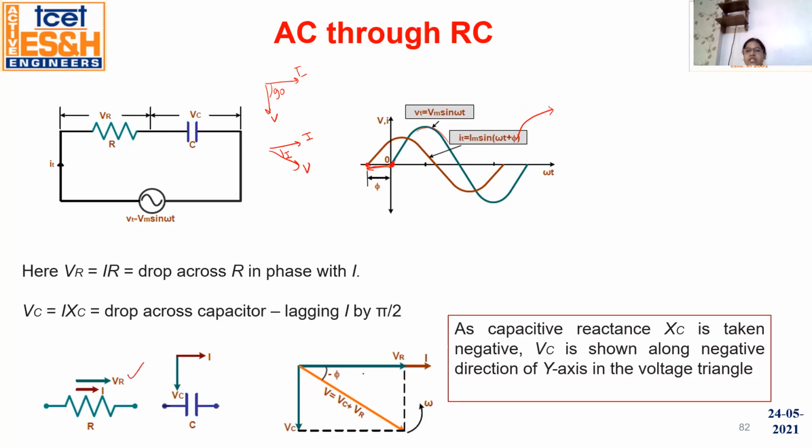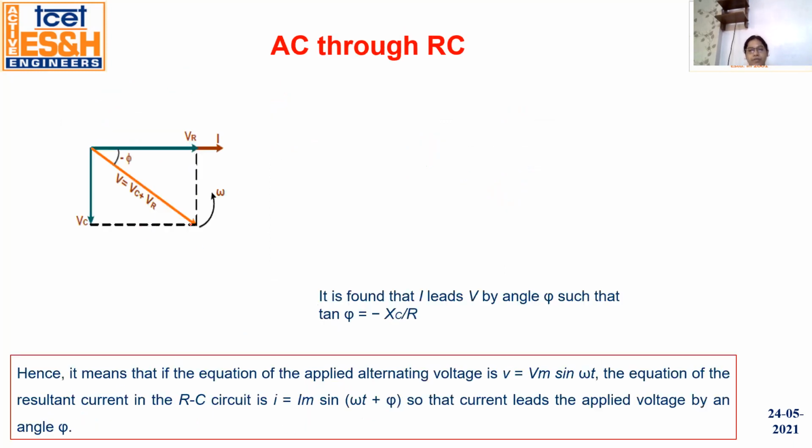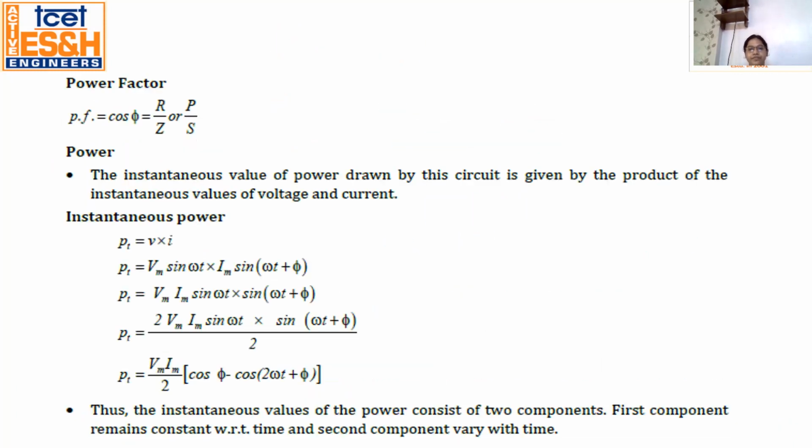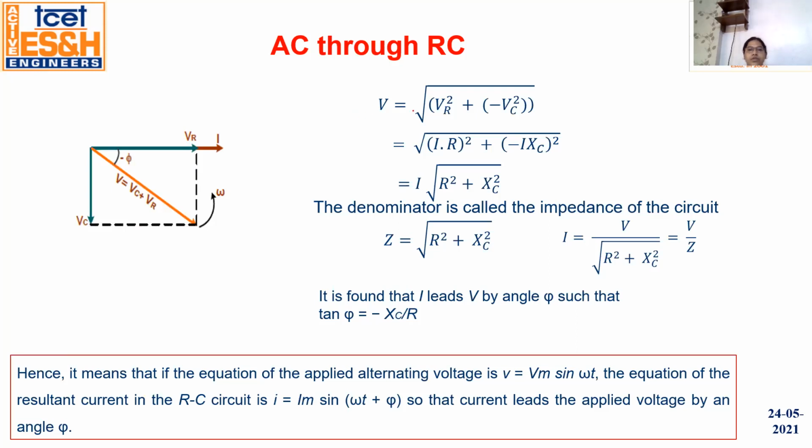So this is the vector sum of the voltage across capacitor and resistor. So the sum of VR and VC gives the total supply voltage. So see here, V equals root of VR square plus, here you take minus of VC because it is in the fourth quadrant.